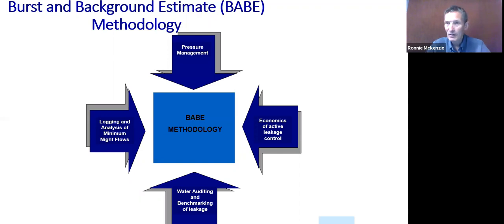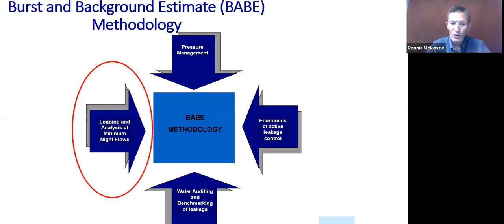And finally, pressure management, which is one of the key elements in addressing leakage. Today, I'm going to concentrate mainly on the logging and analysis of minimum night flows. So I'm not really going to look at the others. I'm sure they've been covered in various other webinars.